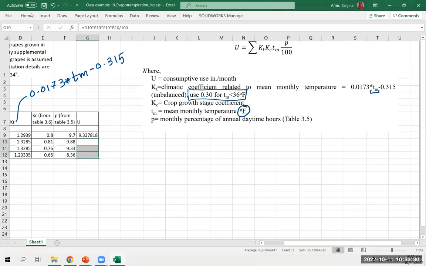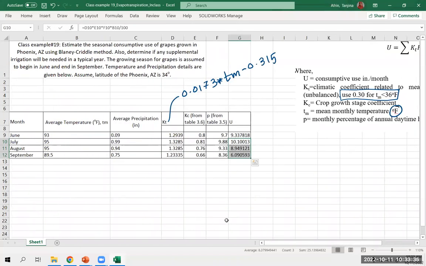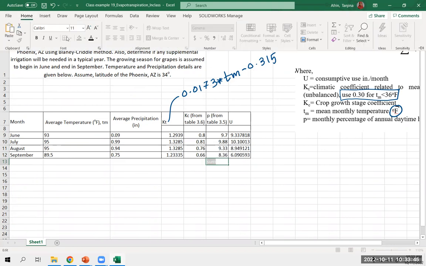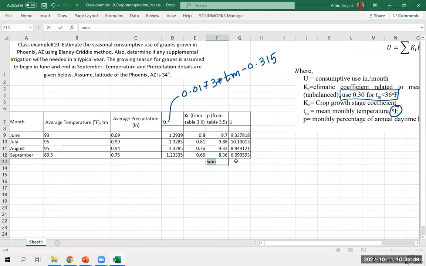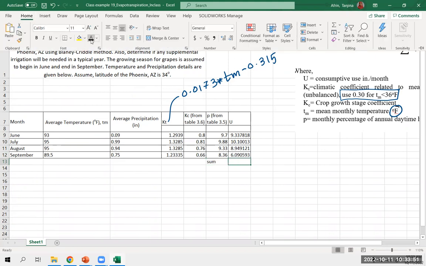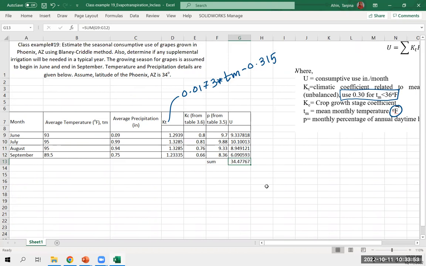So if I do that, now those are for individual month. I am looking for what? The summation, right? And I'm assuming you know how to do the summation on Excel, right? Okay. Did you get something like that? 34.477767. Okay. Now, that is the consumptive use.